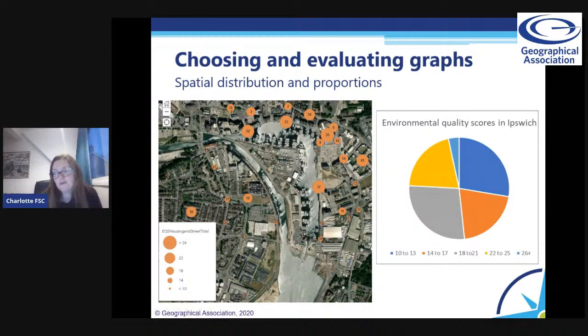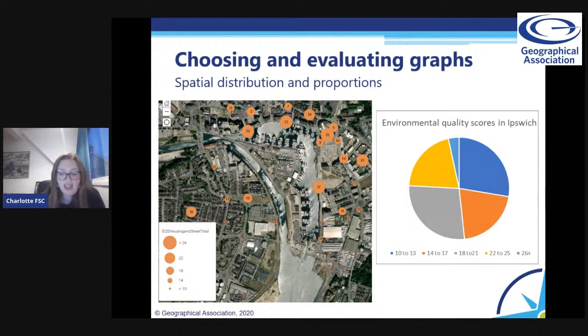So I've been round Ipswich in this case and judged the environmental quality based on housing and the street kind of quality. And I've plotted this across the area of Ipswich. So I can see that the larger circles seem to be around the north side of my picture, so that shows there's higher environmental quality there. That's how you read that proportional symbols graph.